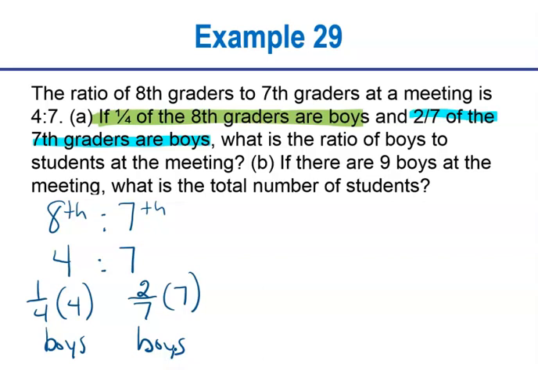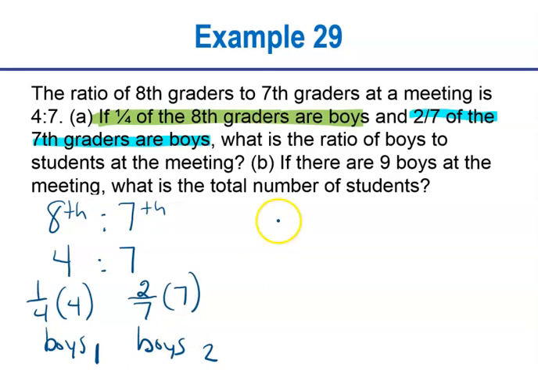Now let's do each of those calculations. We know 1/4 of 4 is 1. We'll just put that right here. 2/7 of 7 is 2. So in our ratio, there's 1 out of 4 boys for the 8th grade, and then 2 out of 7 boys for the 7th grade.